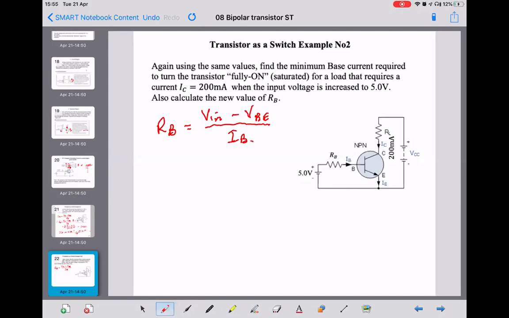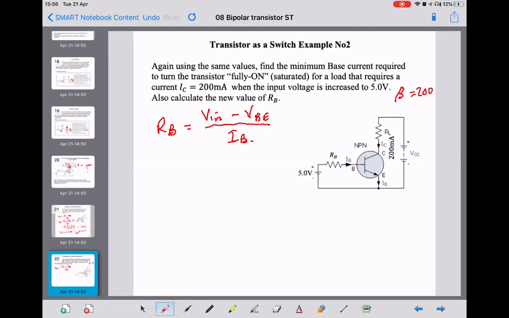Therefore, what do we need to calculate so that we can use that formula? We need to do 5 minus 0.7, over IB, but I wasn't sure where to get IB. Well, if you remember, this transistor uses the values from before, so beta is 200.